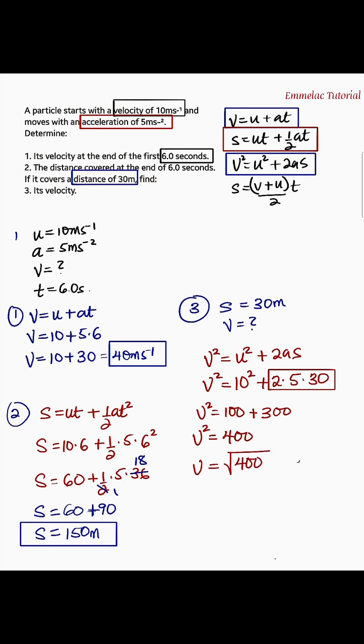Take note that we need to include plus or minus here, which gives us v equals plus or minus 20 meters per second. However, we will need to discard the negative sign. So our velocity would then be 20 meters per second, which is the final answer.